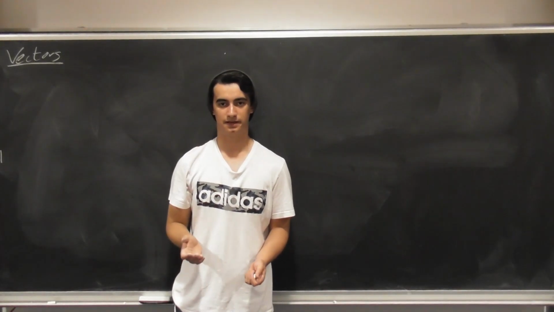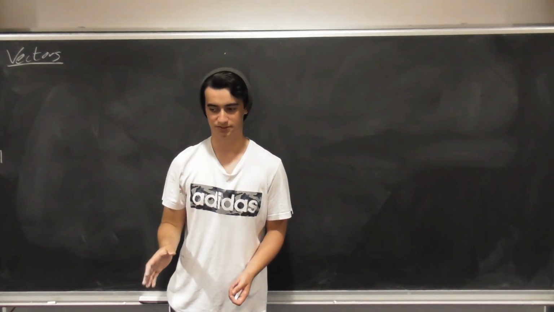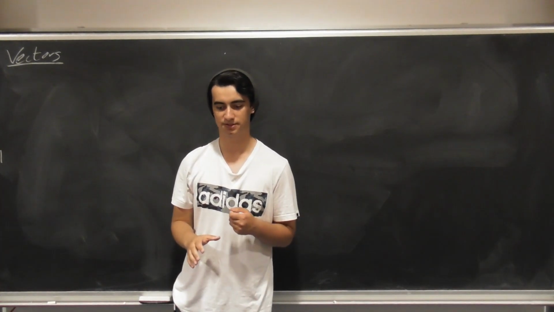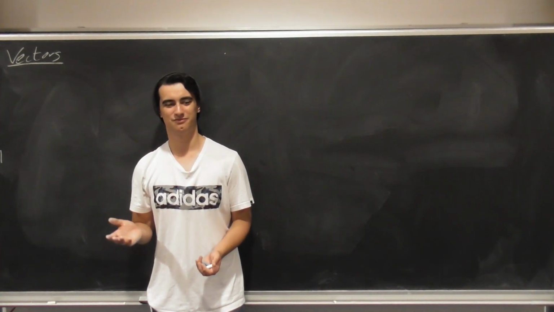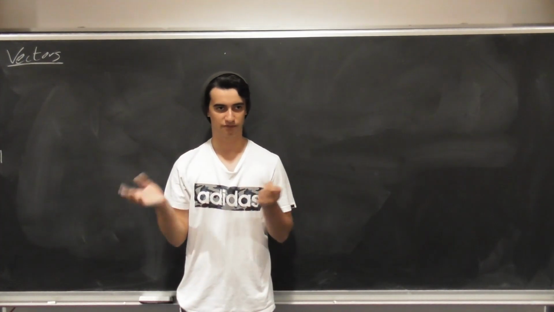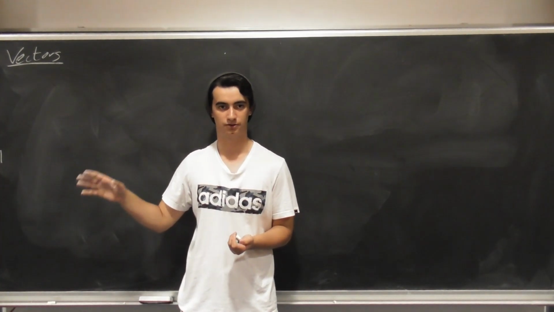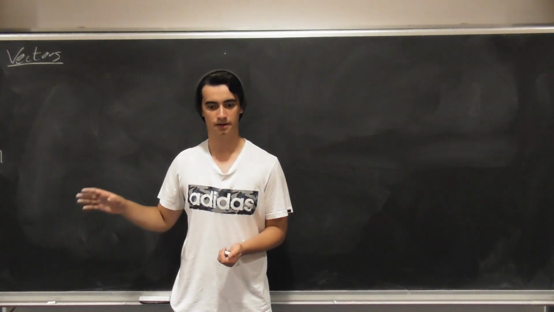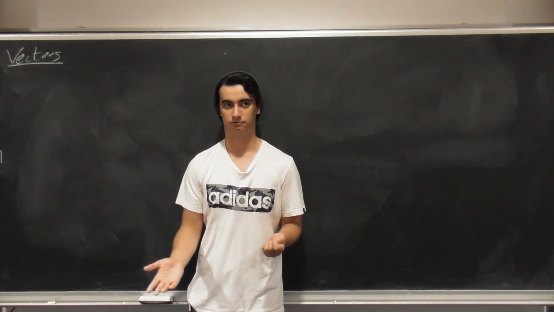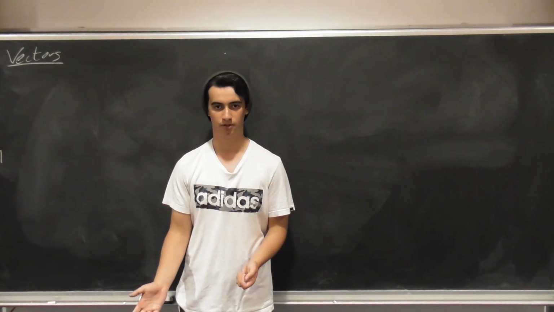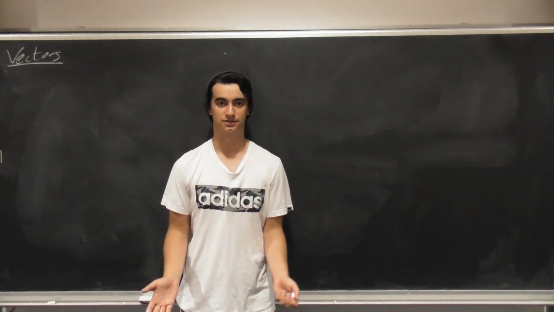The last thing in this first half of the mathematical prerequisites is the idea of vectors. Now, vectors can be a tricky enough thing to get your head around the first time you see it. And if you ask somebody what they are, depending on what discipline they come from, they'll give you a different answer.